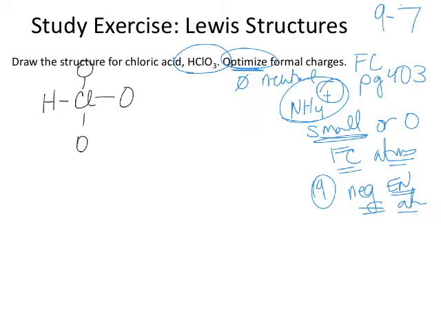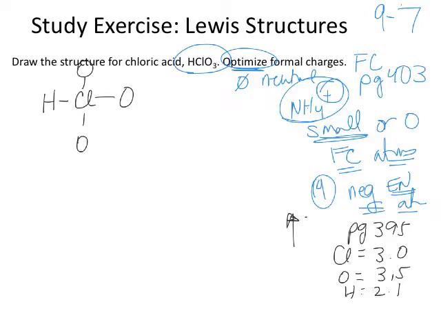I've said this before: if you look on page 395, you would see that chlorine has a 3.0 electronegativity, oxygen has a 3.5, hydrogen has a 2.1. You don't have to memorize this, as electronegativity increases going up and over, so oxygen is above chlorine and has a higher electronegativity. That makes chlorine your most electropositive element, and it would be the central position.